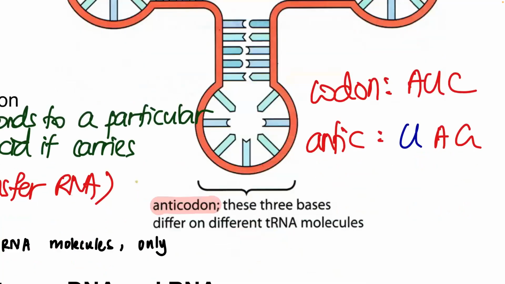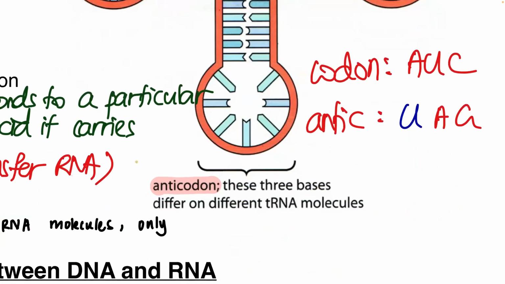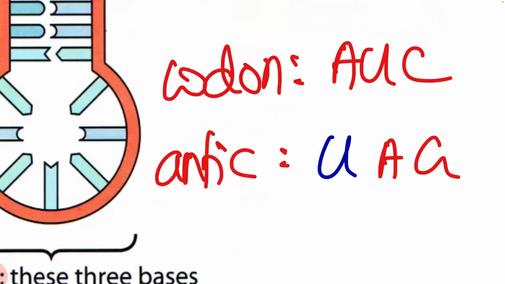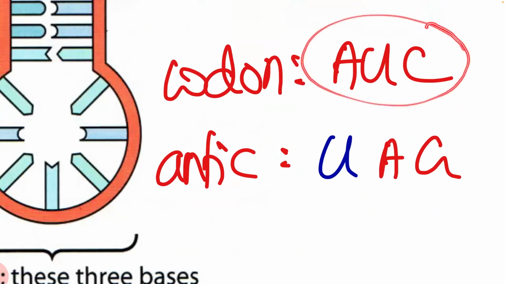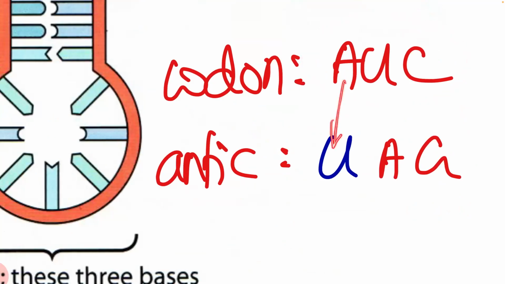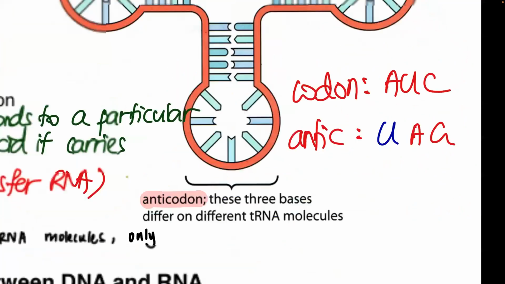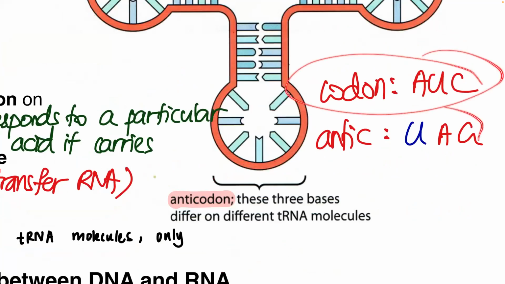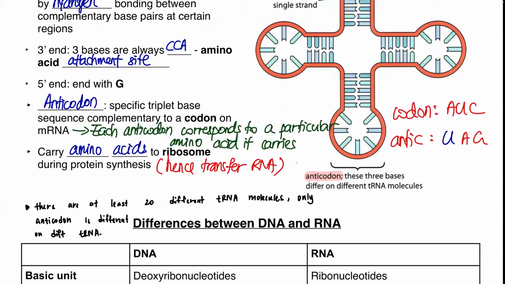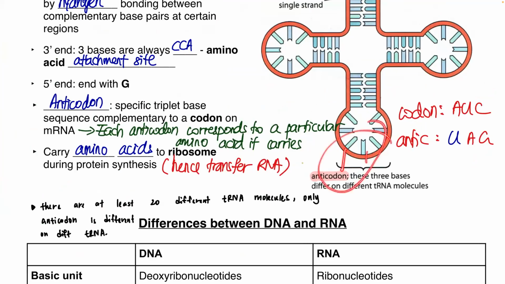The tRNA has an anticodon, so they are complementary to each other. If you have a codon AUC, then A pairs with U, U pairs with A, C pairs with G, so the anticodon for codon AUC will be UAG. Later we are going to see that this anticodon pairs with the codon and with the respective amino acid.